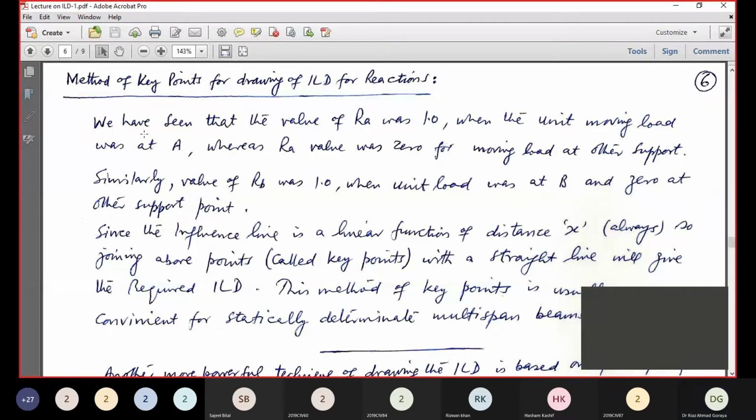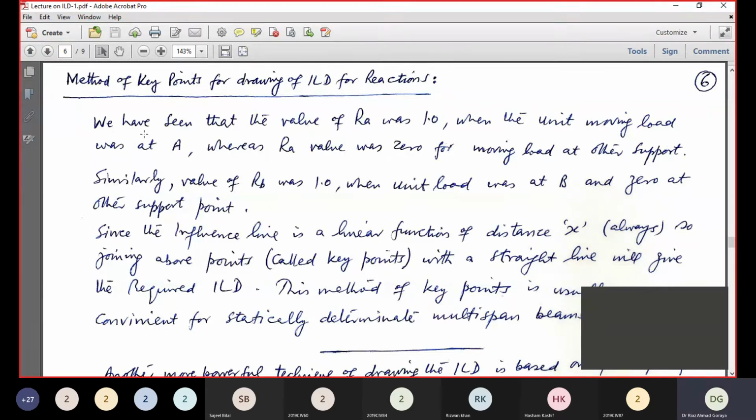Again, listen to it. We have seen that the value of RA was 1 when the unit moving load was at A. For all other positions of the unit moving load, the value of RA was 0 at other supports.